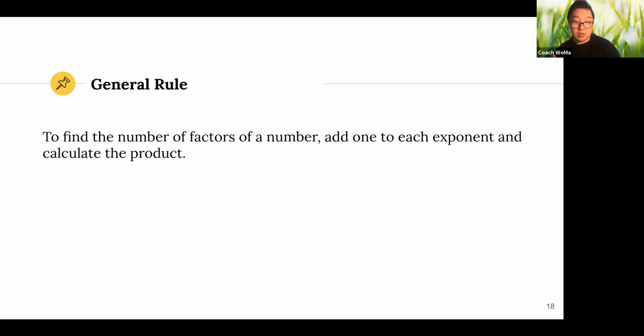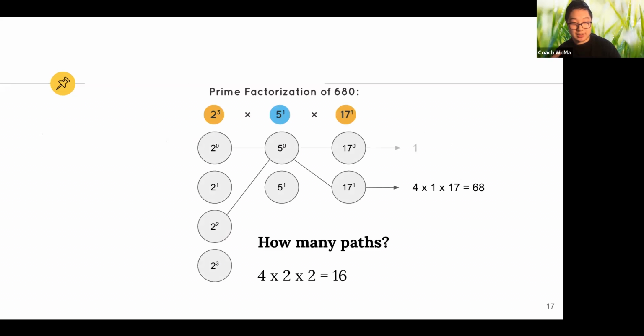So the general rule, as you saw, maybe we can go back to the slide above, is you take each of the exponents and you add 1 and they multiply. So you have 2 to the third, that 3, you add 1 and you get 4. 5 to the first, that 1, you add 1 and you get 2. And then 17 to the first, that 1, you add 1 and you get 2.